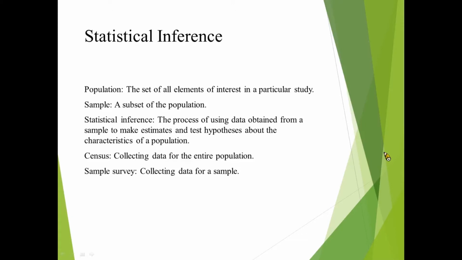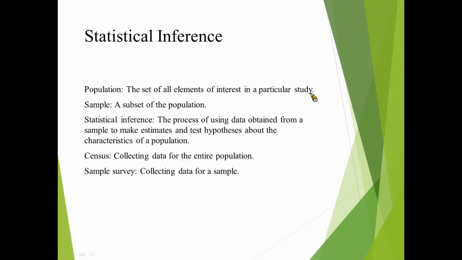When you collect the data, you need to know first the population and the sample. Population is the set of elements of interest in the particular study. So when you do, like, the convenience store, you need to know which area you need to cover, because maybe in the Tainan area or in the whole Taiwan.